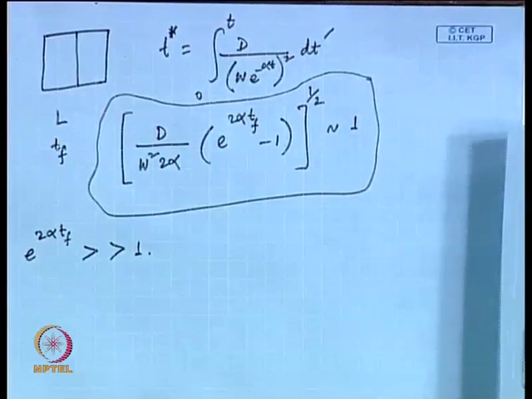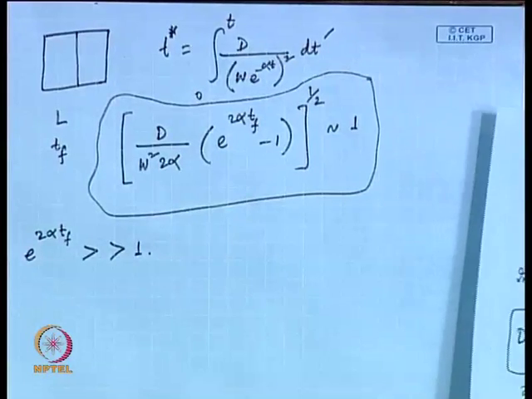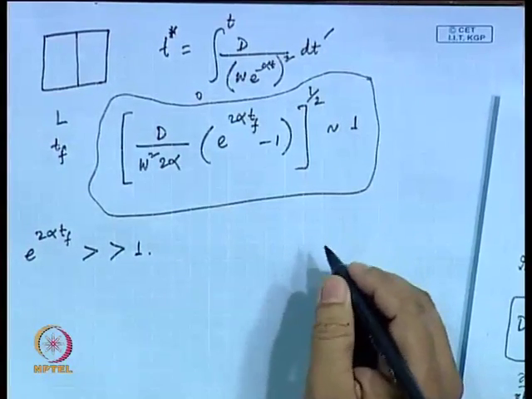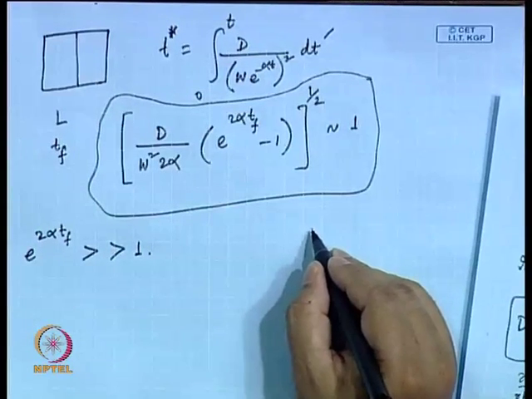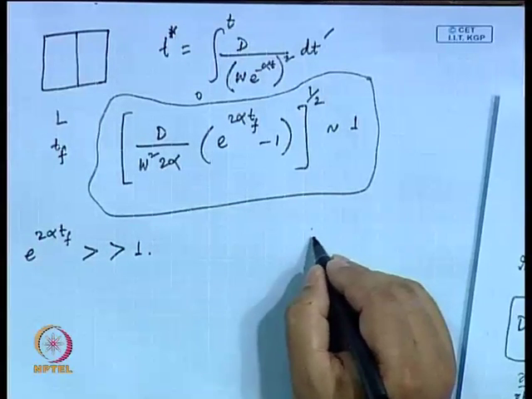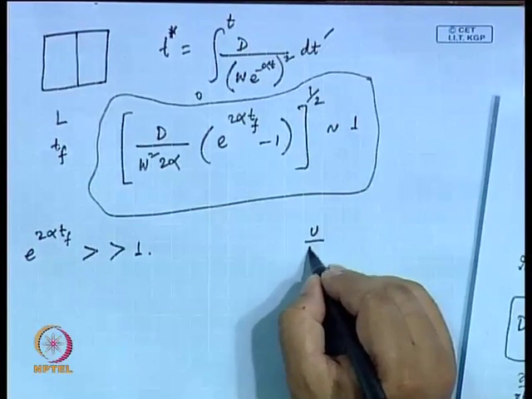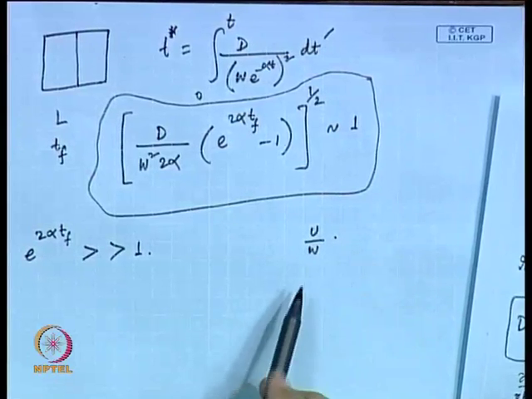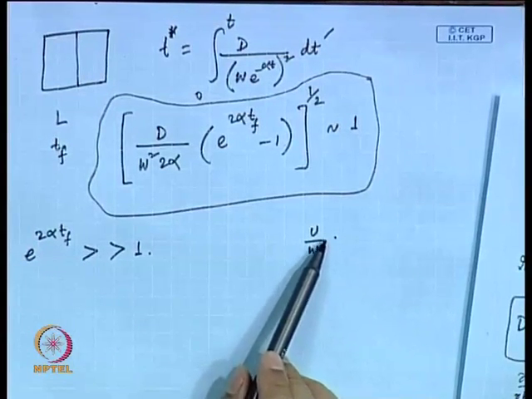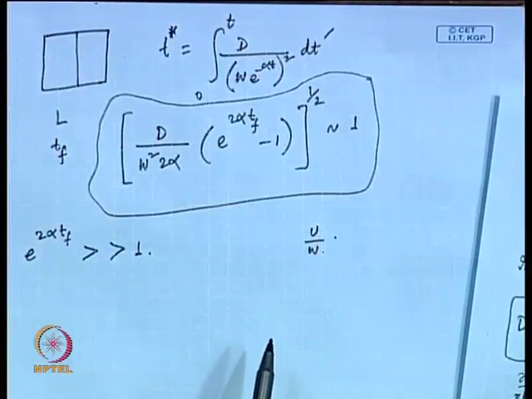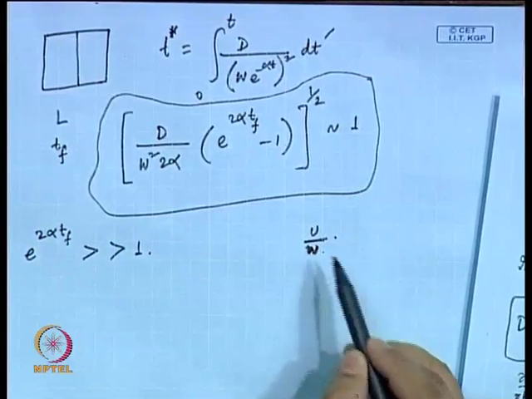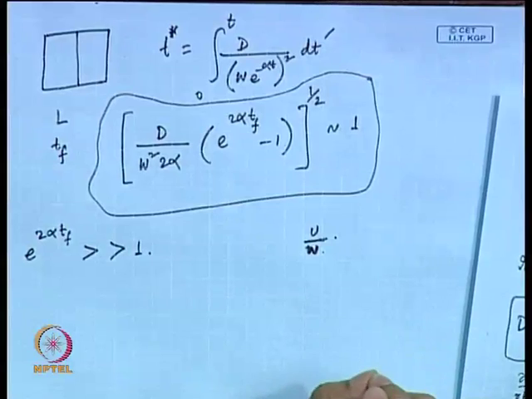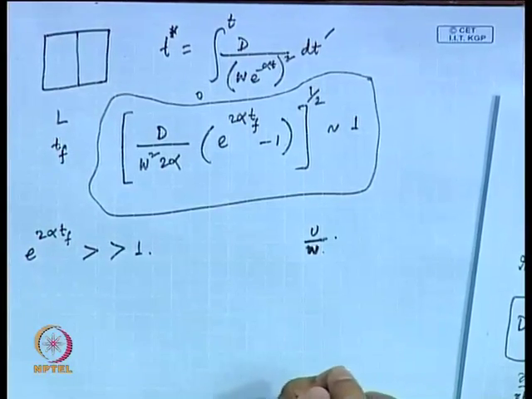Now, if it would have been a linear stretching, then you would have written alpha as equal to u divided by w. That u divided by w gives you the rate at which 2 points adjacent to each other will stretch under linear deformation.